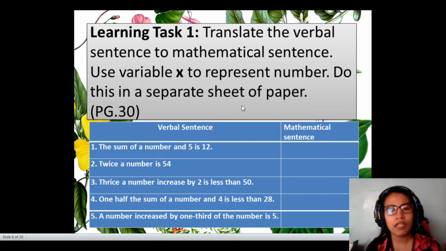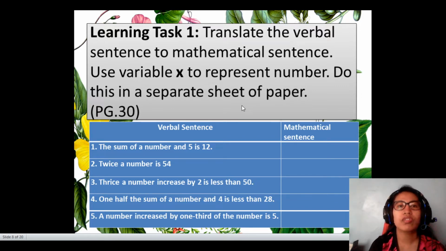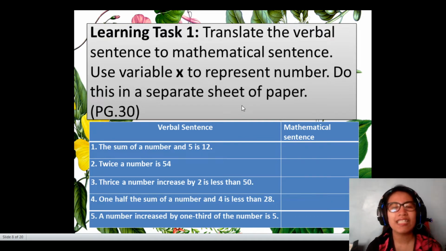So when you see the word number, you will use the variable x, in a separate sheet of paper. You can find it on your module, page 30. This time, since it doesn't require solution, I allow you to just answer only.